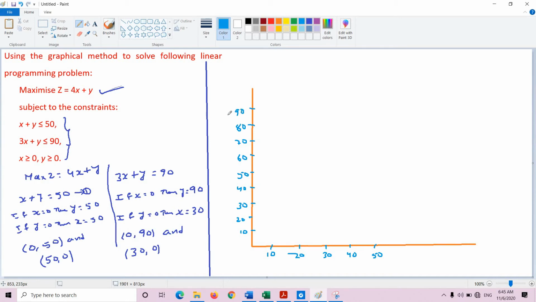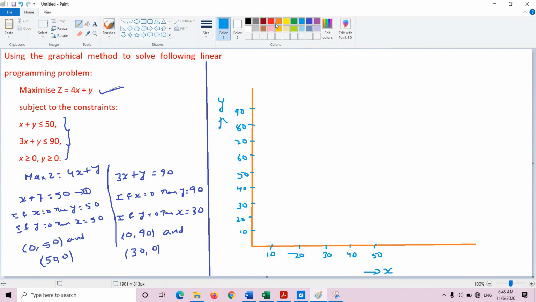Like this, you have to give the labels. This is the y-axis and this is the x-axis.